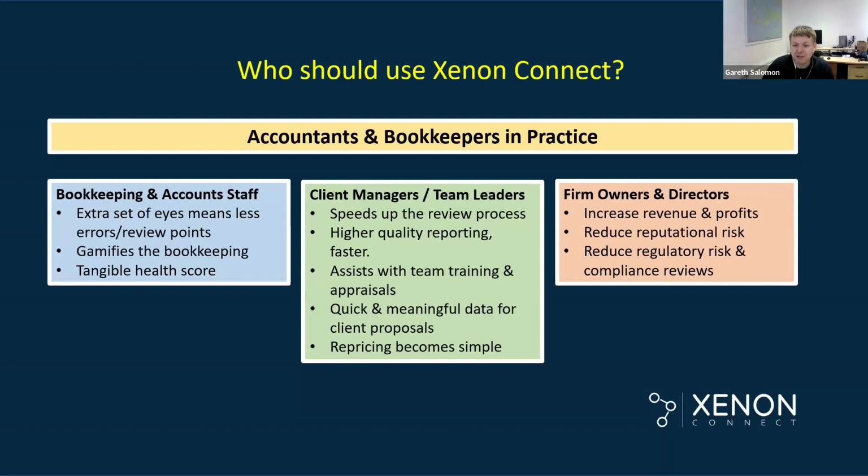And it'll reduce the regulatory risk as well of compliance review. So if your VAT returns are getting submitted, and obviously we all know that under MTD, all transactions get submitted to HMRC now, if that data quality is higher because more errors are getting caught before they hit those VAT returns, then obviously there's a reduced chance of VAT reviews there as well.